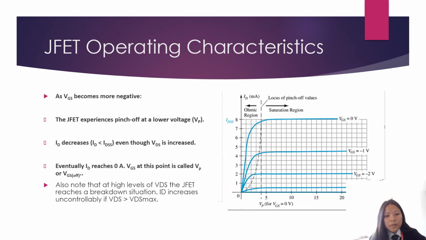As VGS becomes more negative, the depletion region increases. As VGS becomes more negative, the JFET experiences pinch-off at lower voltage VP. ID decreases, ID is less than IDSS even though VDS is increased. Eventually, ID reaches 0 ampere. VGS at this point is called VP or VGS cutoff voltage.